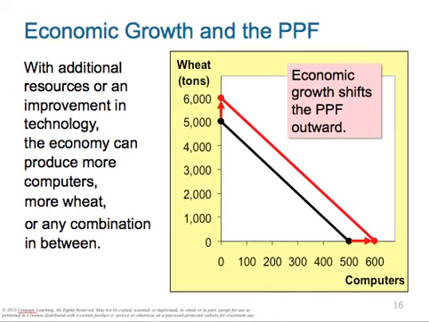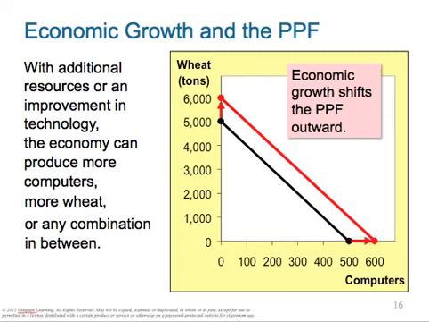The economy can produce more computers and or more wheat, or any combination in between. Here we see an equal shift of the production possibilities outward. It's quite possible that only one could shift and the other stay the same, but here we're seeing what looks to be a proportional shift.